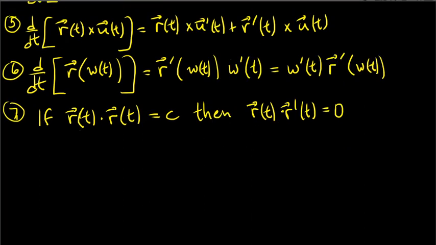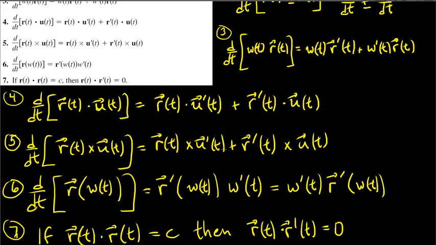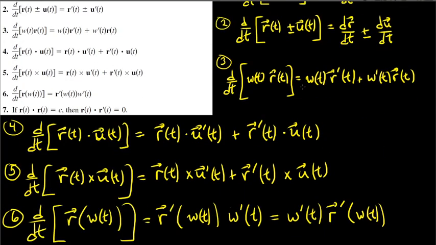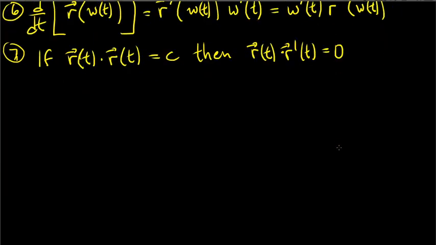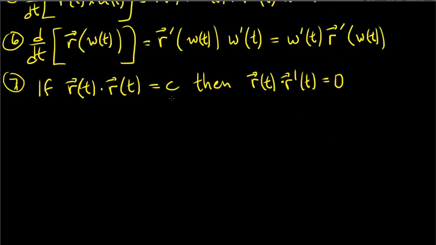Okay, so 7, I think, bears a little bit of explaining, because I think the other ones just come from ordinary calculus, right? You're just applying them over 3 components instead of just 1 component from Calc 1. Okay, but 7 is a little different. 7 is weird. So just as an example, if you have a vector valued function, let's make it simple.